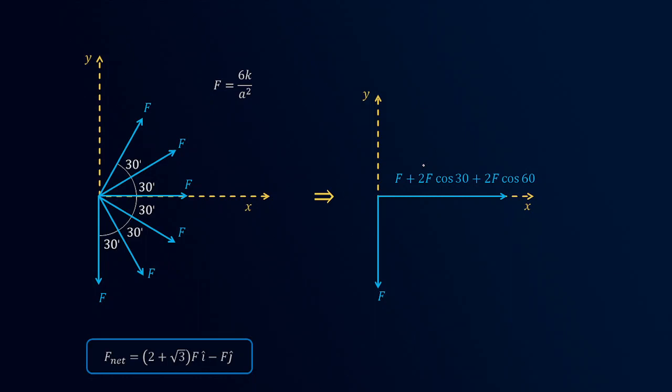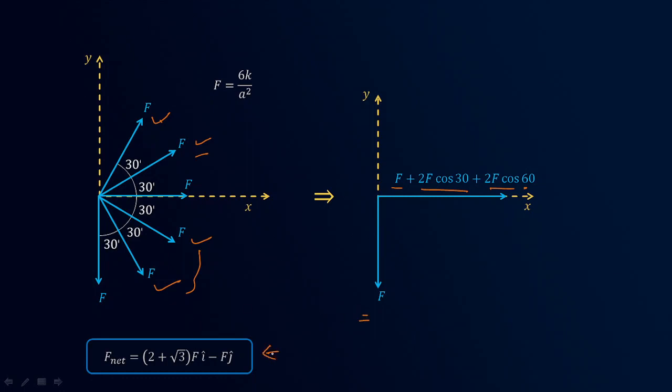Just break all of them along the x-axis and y-axis, and then we can add them. If you break along the x-axis and y-axis, due to these two forces their vertical components get cancelled, and only the horizontal components of these two upper charges and these two forces will add up. So we have F plus 2F cos 30 degree plus 2F cos 60 degree and one vertical force.